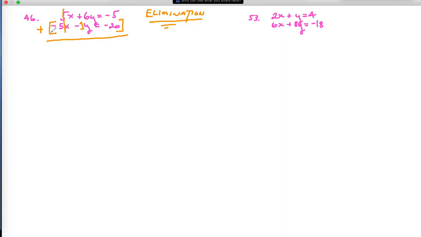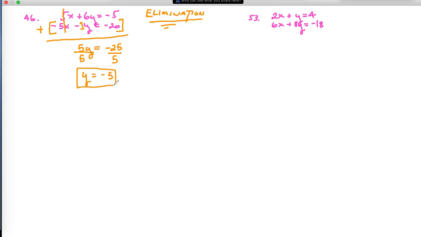So 6y plus -1y is 5y. And don't forget to add the right hand side of the equality as well. -5 plus -20 is -25. And now the resulting equation I can easily solve for y by dividing by 5 on both sides. And I get y equals -5.